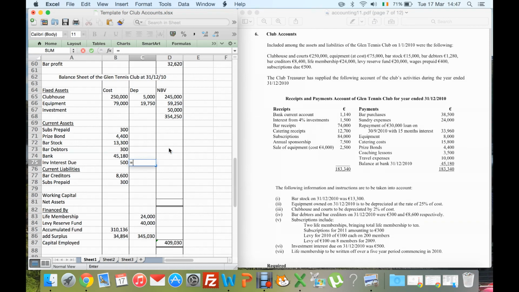So add up our current assets. We take those away, and that gives us our working capital.